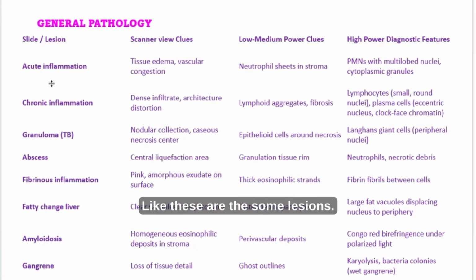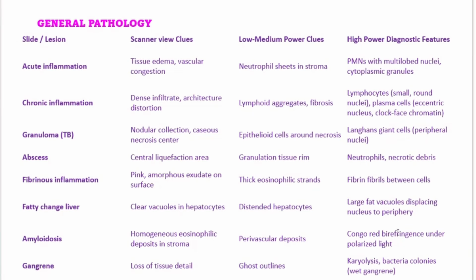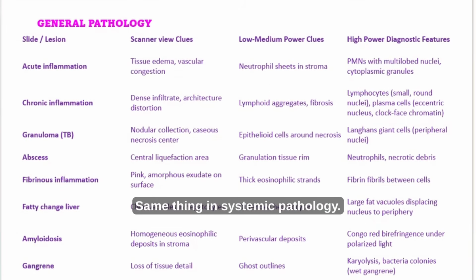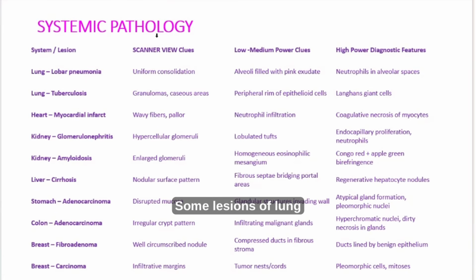These are some lesions: acute inflammation, granuloma, fatty change, amyloid, gangrene, and these are the different appearances of different lesions in all three objective lenses. Same thing in systemic pathology.